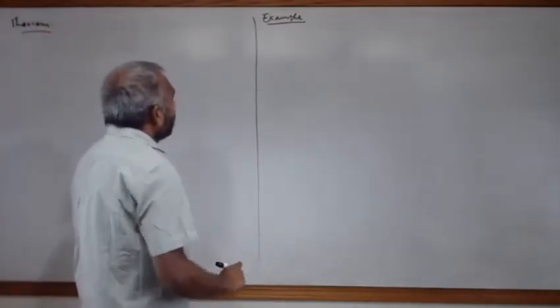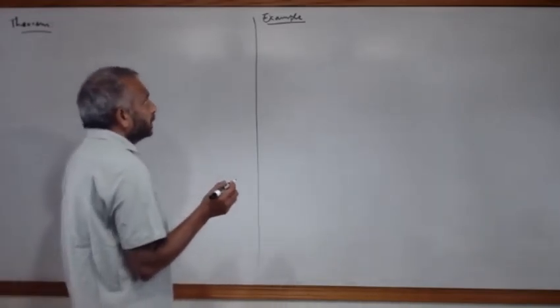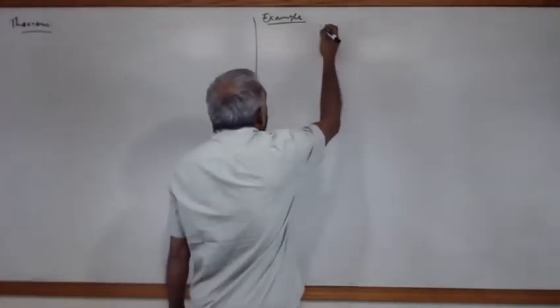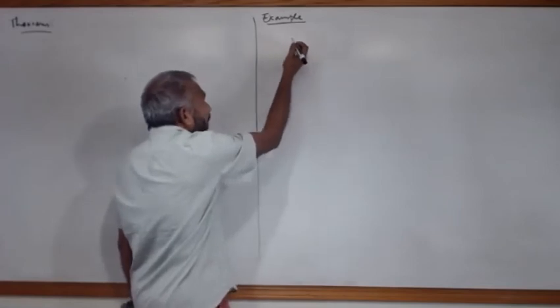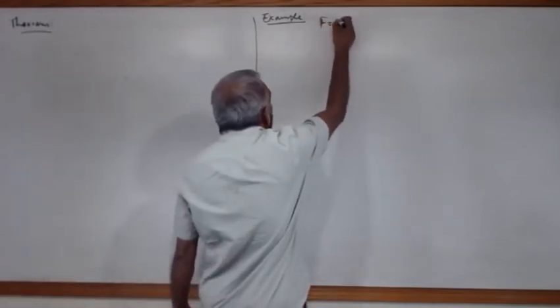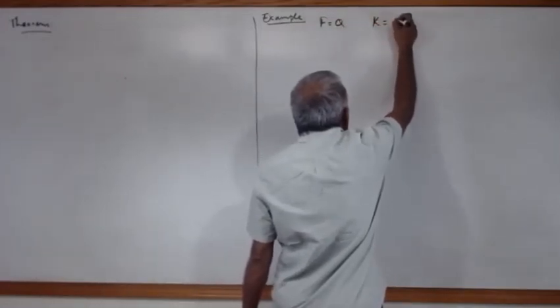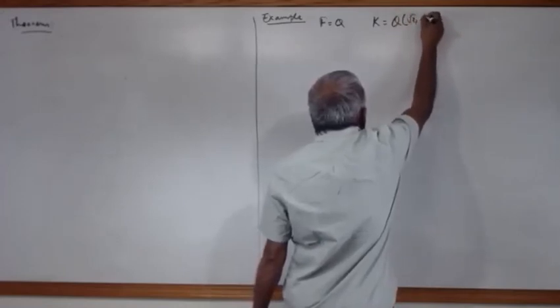So actually we are going to start this theorem from the previous result. So we have a finite normal extension of a field. So we'll take F is equal to Q and K is equal to Q of root 2 comma root 3.